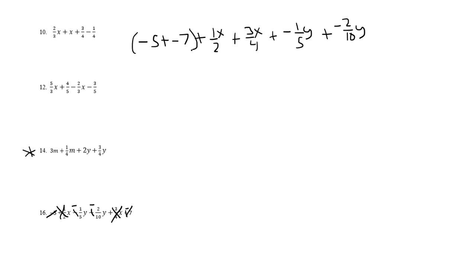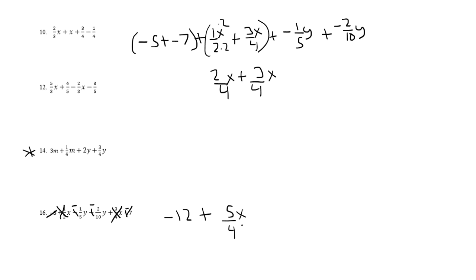We know that a -5 and a -7 added together would be a -12. In order to combine the 1/2 x and the 3/4 x, we're going to find a common denominator, which is 4. We have to times this by 2 and this by 2. So 2/4 x plus 3/4 x becomes 5/4 x.